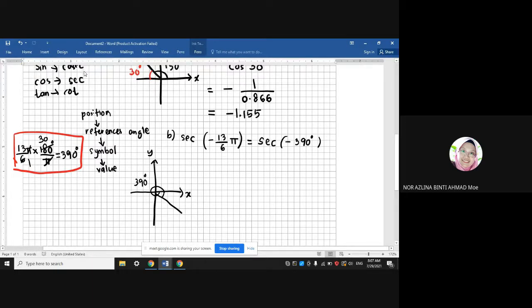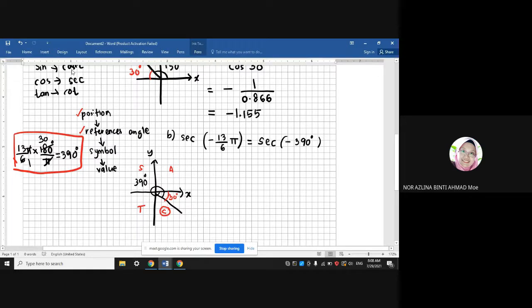Tapi saya nak reference angle. Tengok step ni. Position dah. So reference angle. Reference angle saya berapa? Ini tadi 30 darjah. Sebab one circle is 360 and this is balance 30 degrees. Okay. Kemudian simbol saya nak tahu positif atau negatif. ASTC. Okay, di sini secant. Secant maknanya cos. Secant adalah cos. So dia nilai dia adalah positif.